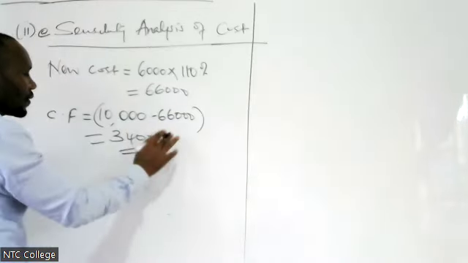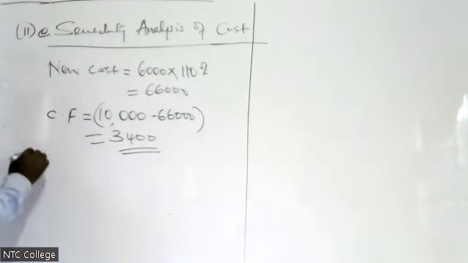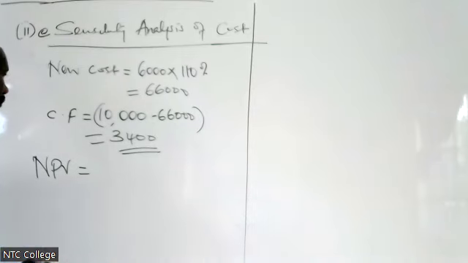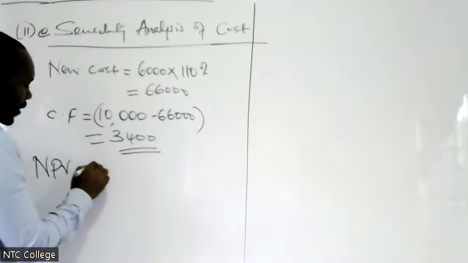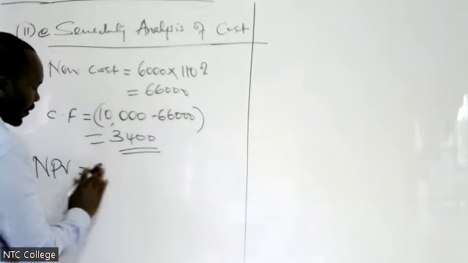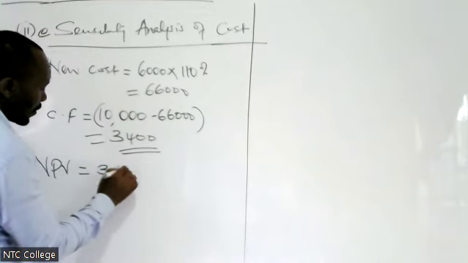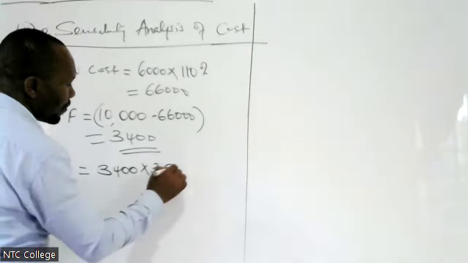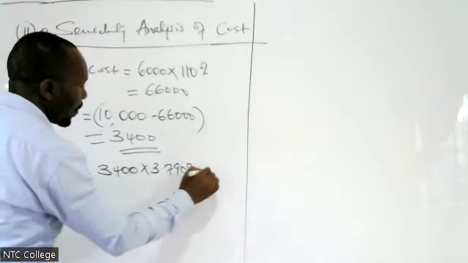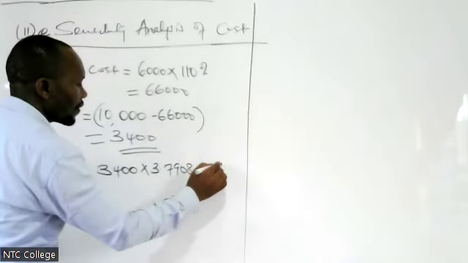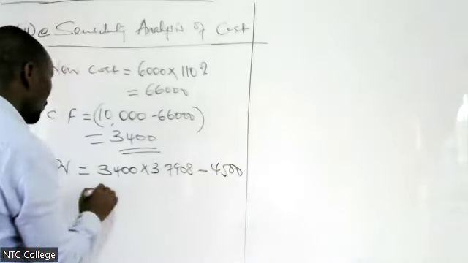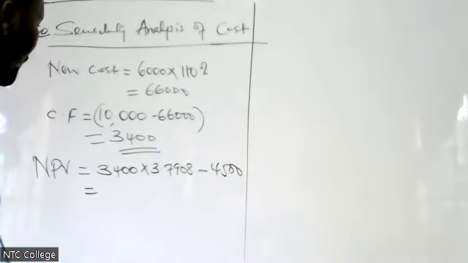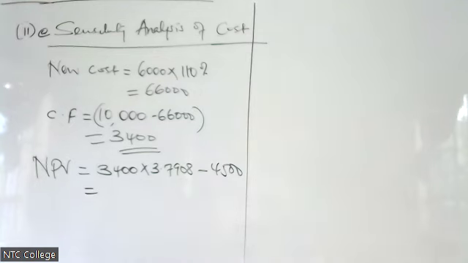So that new NPV is equal to the cash flow, which is now 43.34, times 3.7, which is the same, minus the initial outlay, which is 45. What will be the answer? Yes, that's the new NPV.